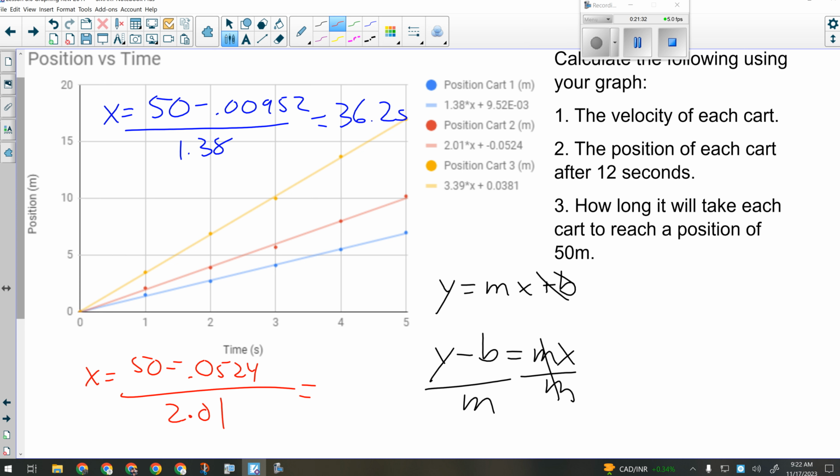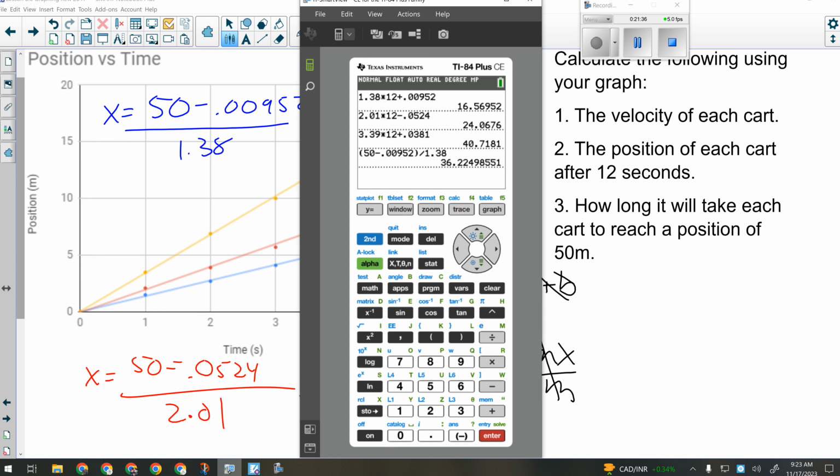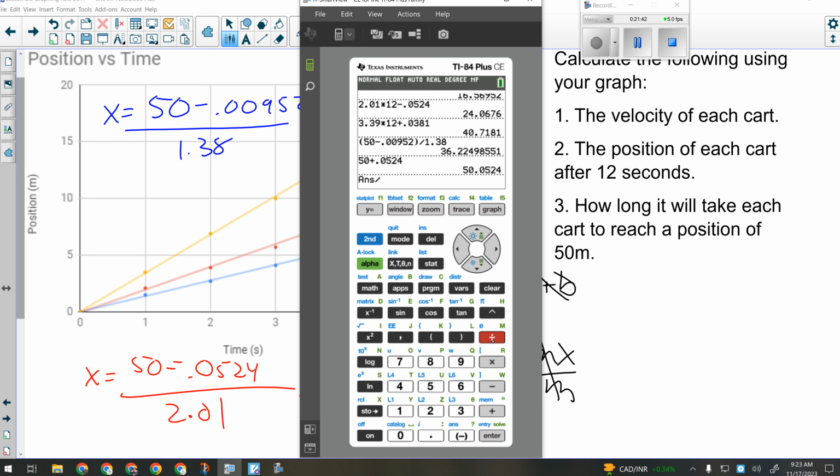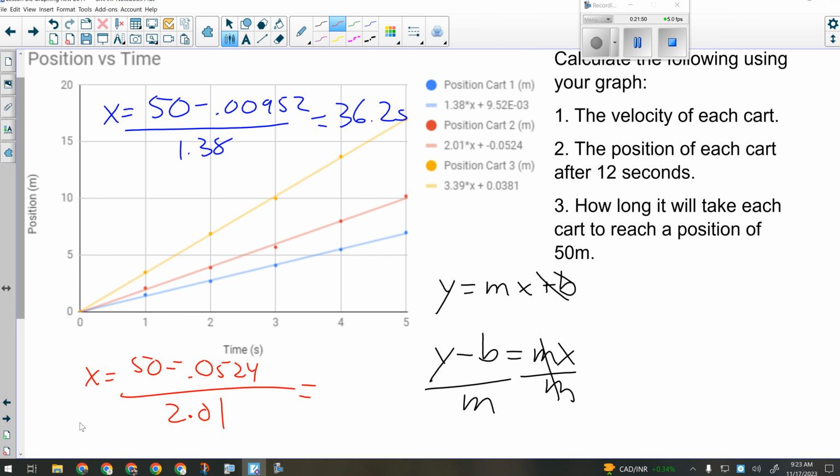Smaller, it's faster. It should take less time to get to 50 meters. All right, so 50, and we're just going to go plus 0.0524, and then divide that by 2.01. Notice I did those calculations separately. That's the other thing you can do instead of brackets. Right, 24.9 seconds.